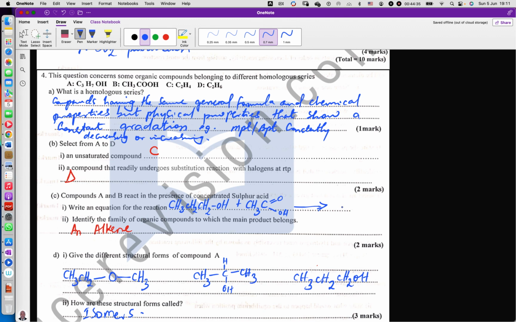Write an equation for the reaction. We will have CH3, plus water.